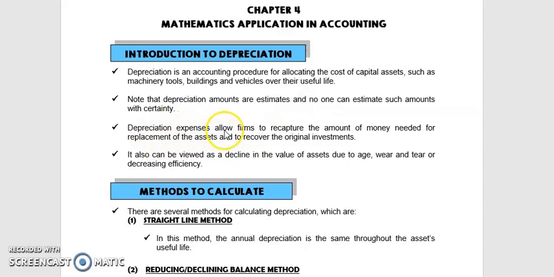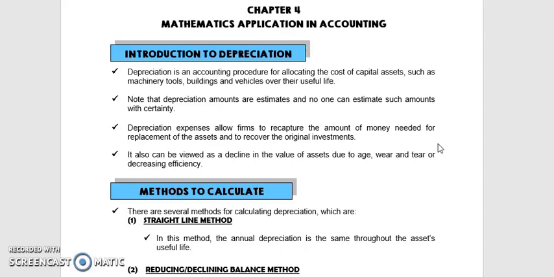Depreciation expenses allow firms to recapture the amount of money needed for replacement of the asset and to recover the original investment. For example, if you have a factory and you have 3 lorries, you need to have planning.